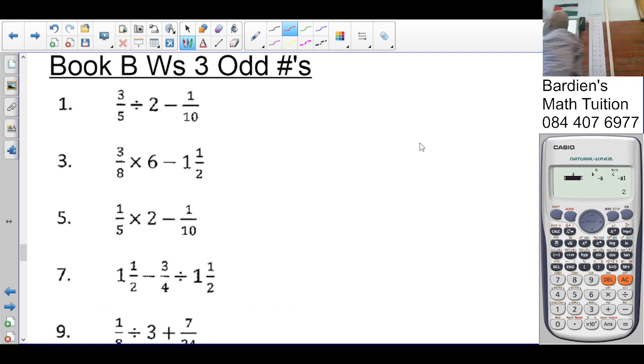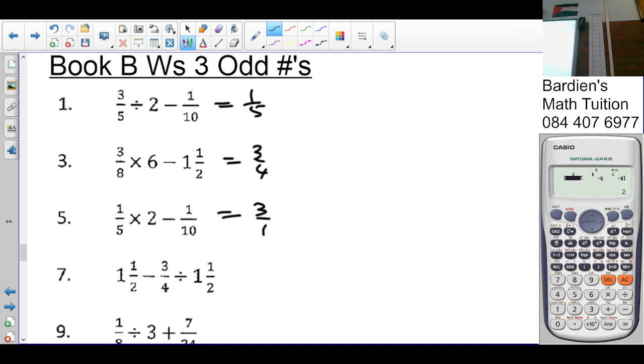Right. Book B, worksheet 3, odd numbers. The first answer? 1 over 5 is correct. Number 3, 3 over 4. Number 5, 3 over 10.